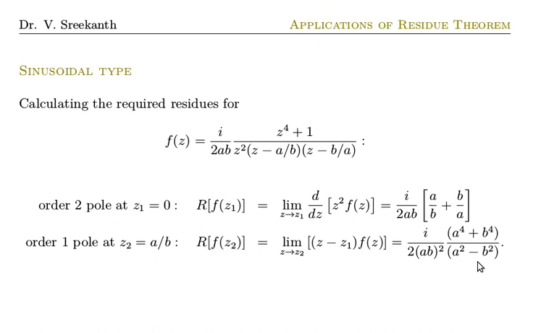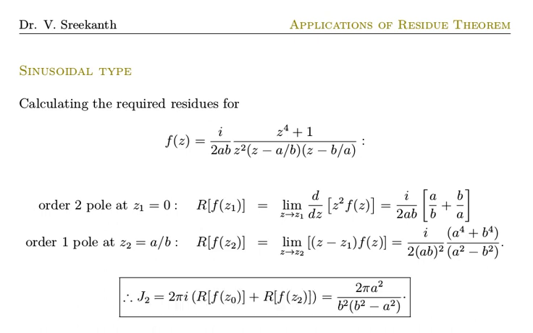So you got the two residues required to complete this calculation. J2 is equal to 2 pi i times the residue at z1 plus the residue at z2. You add these two residues and multiply by 2 pi i, and this is the answer for your integral.